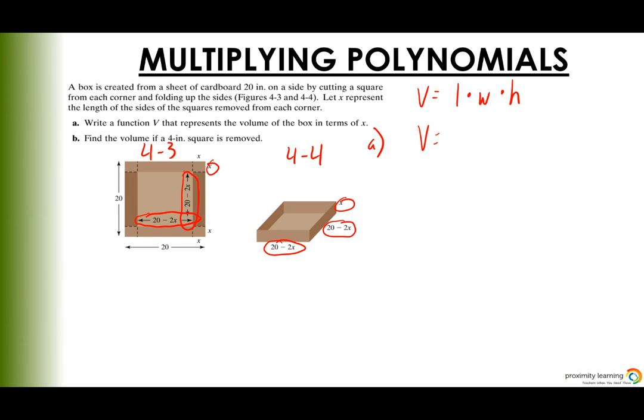So in place of L, I'm going to write 20 minus 2x. In place of w, 20 minus 2x. In place of h, I'm going to write x.